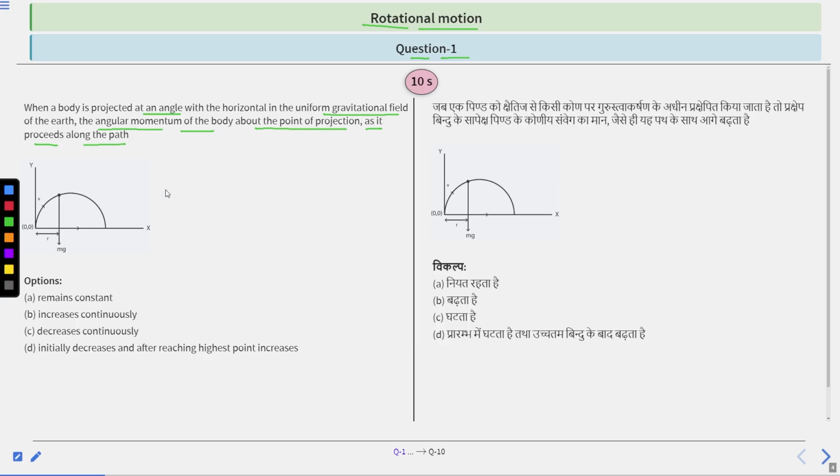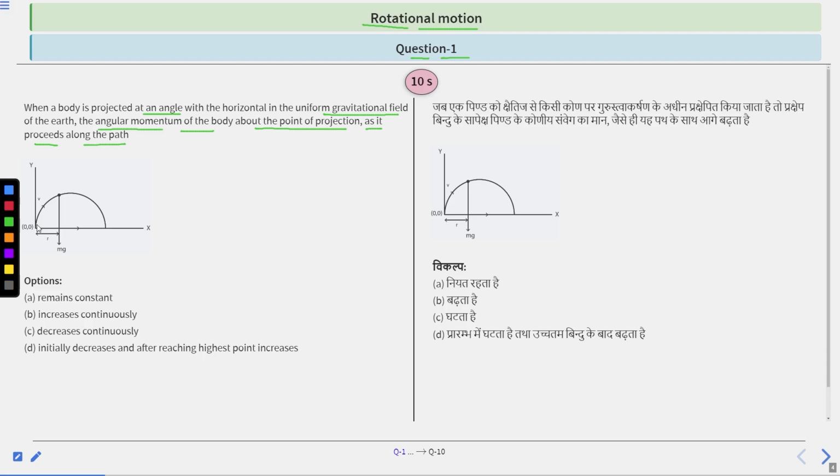According to the question, which option is correct? Option A, remains constant. Option B, increases continuously. Option C, decreases continuously. And option D, initially decreases and after reaching the highest point increases. Here we can understand the concept of projection.